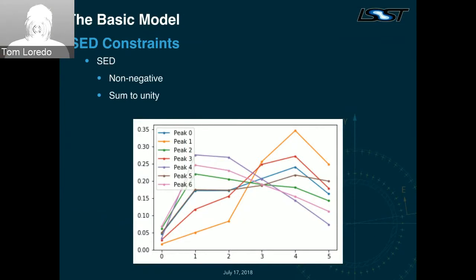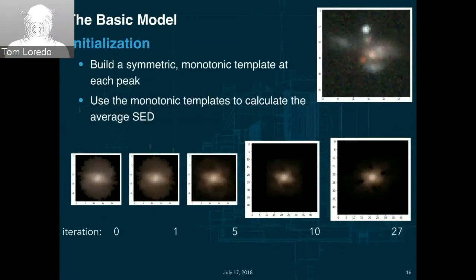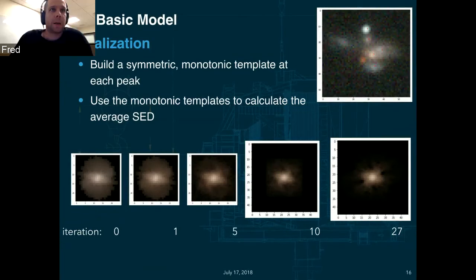Is this done separately in each band then? I'm just trying to figure out how you calculate this SED from these templates. Okay. Initially, we just make a weighted coadd, you could say, for the source.